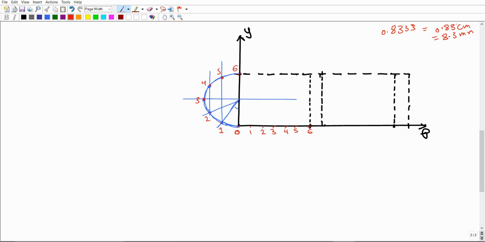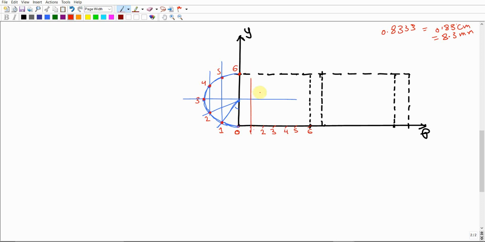Then what you're gonna do is draw vertical lines. You're gonna start drawing vertical lines from these marks in this way, going up. It should be from this mark. You're just gonna draw a vertical line in this way, and from this mark another vertical line. From this one, I'm not drawing anything, okay.